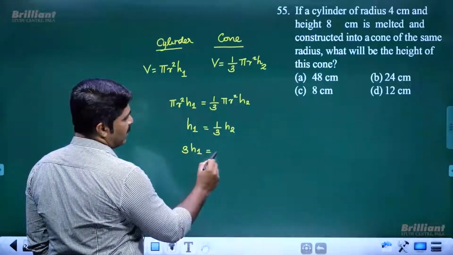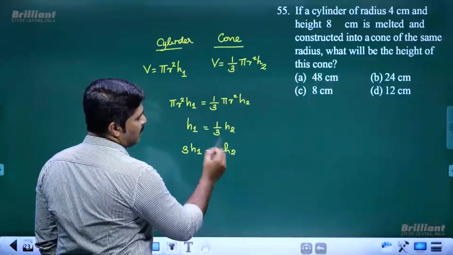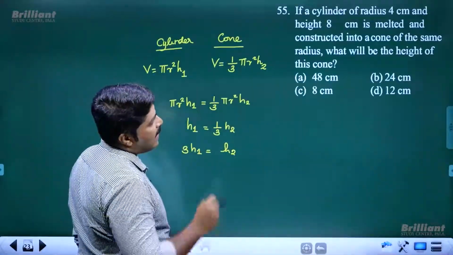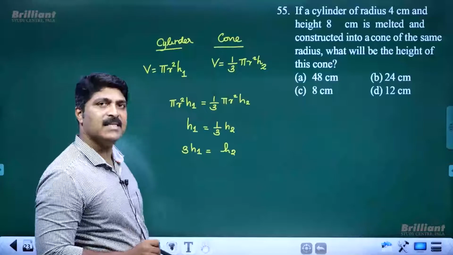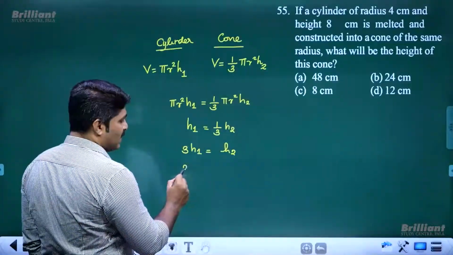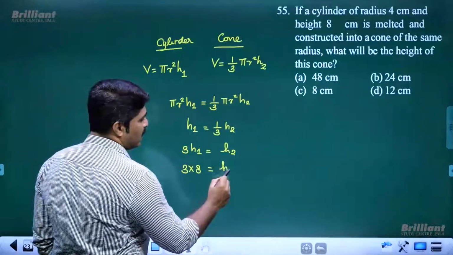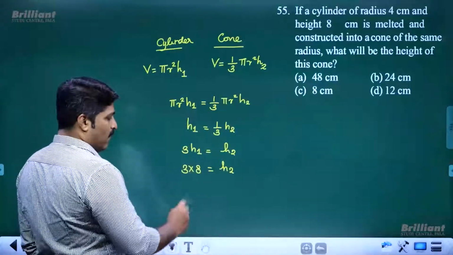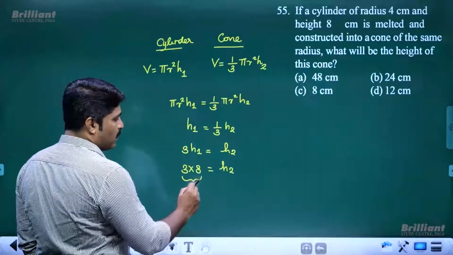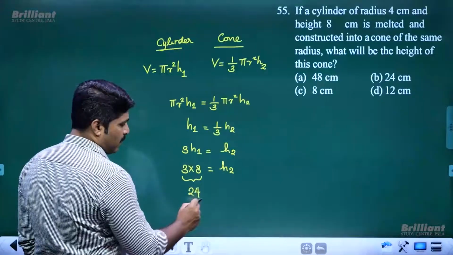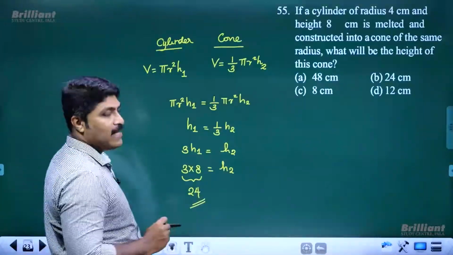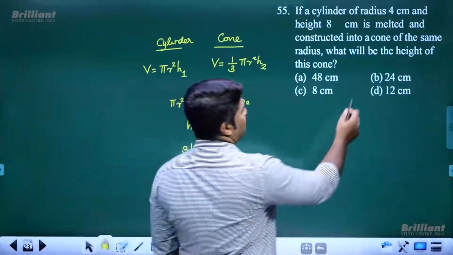So that is the height of the cone. It is given that the height of the cylinder is 8 centimeter. Therefore, this is 3 into 8. What is this height? This is equal to 24. So therefore, the height of the cone is 24.